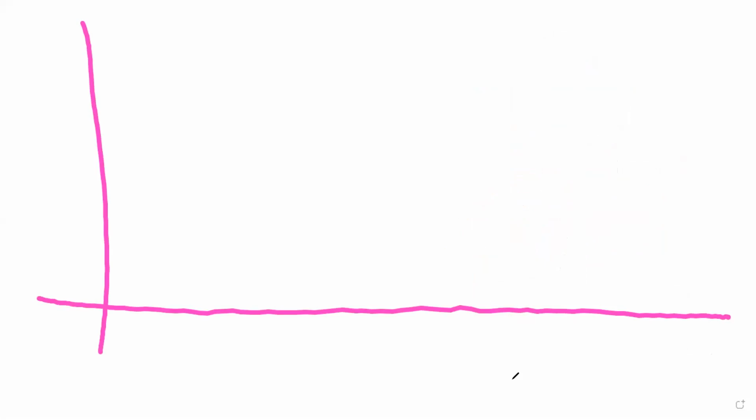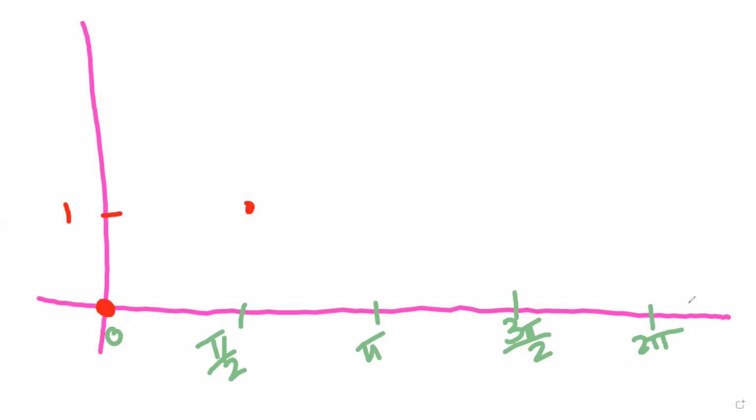Now, let's talk about the numbers here: 0, pi over 2, pi, 3 pi over 2, and 2 pi. What is the sine of 0? It is 0. And the sine of pi over 2 is 1.